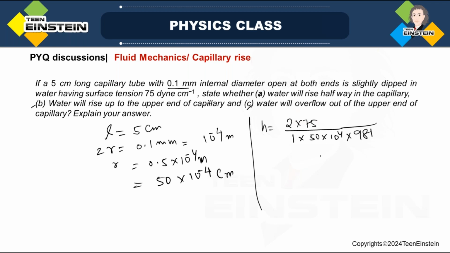So what we are getting here, cos of 0 degree is 1. Then we get 2 into 75, sorry, 75 with 10 to the power 4 in the numerator, and 50 into 981 in the denominator.